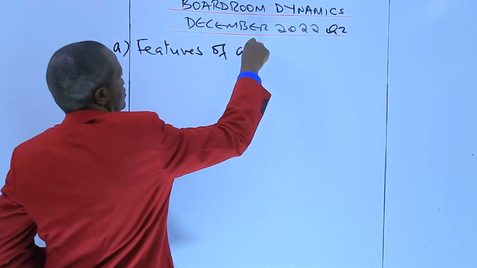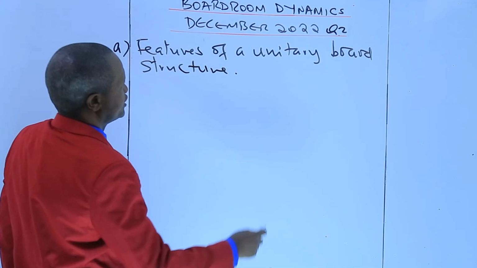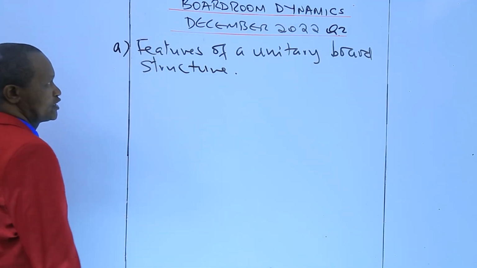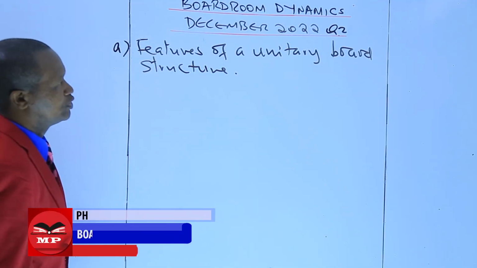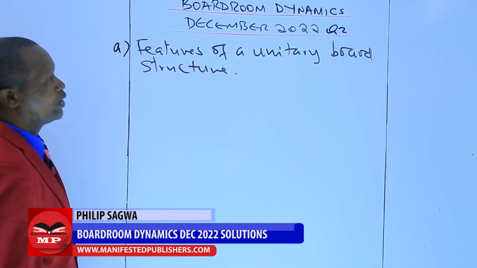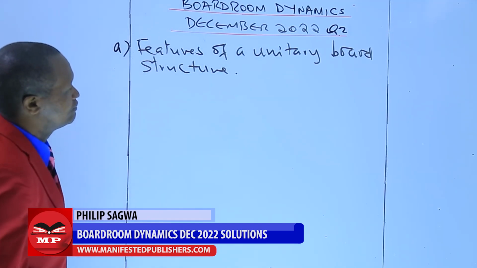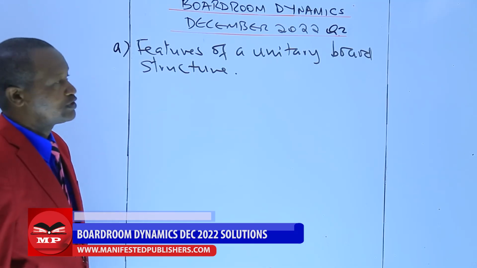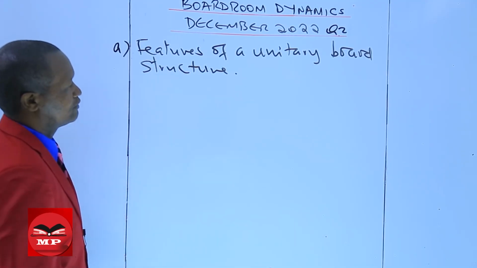Features of a unitary board structure. A unitary board structure is also referred to as a one-tier board structure. What are the features of a unitary board structure?